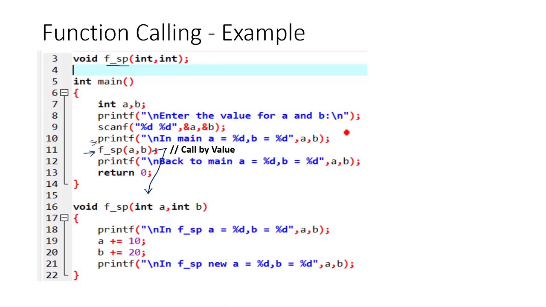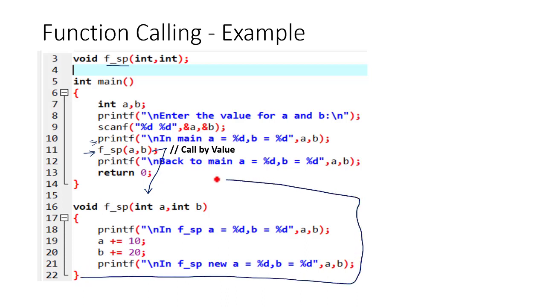Then it will perform this printf statement. Then it will add 10 to A. Then it will add 20 to B. Then it will print the current values of A and B. As there is no return statement, from this point it will go back to the calling function, to the next operation to be performed.